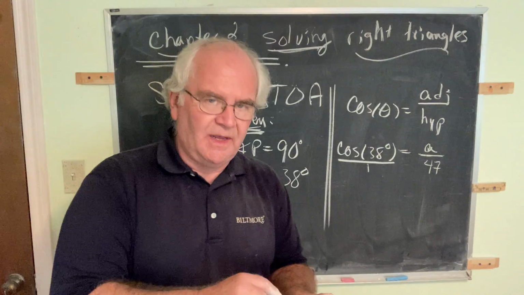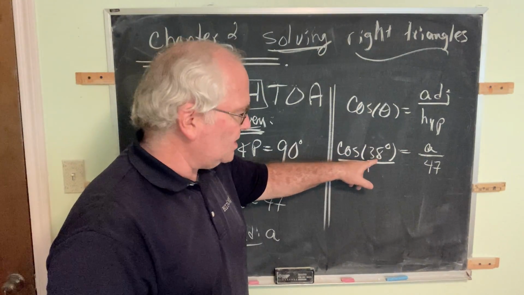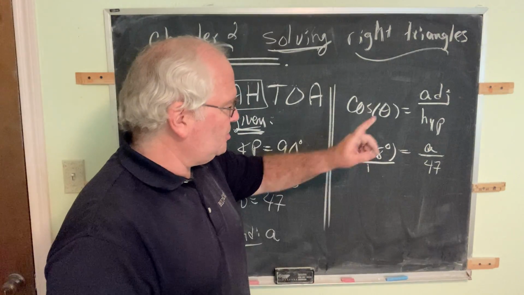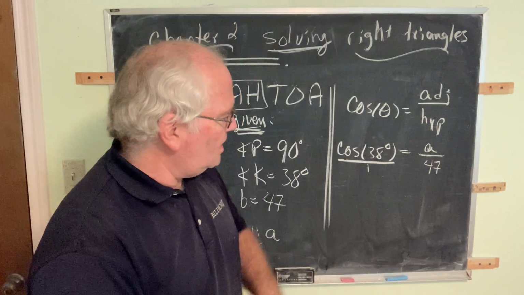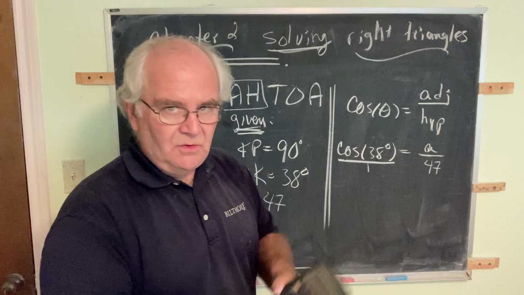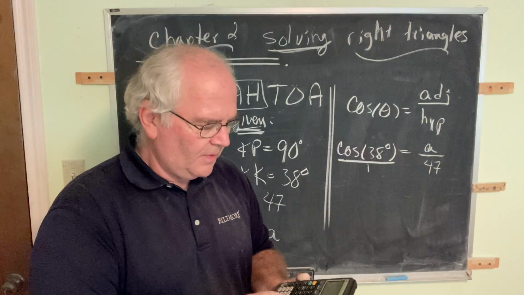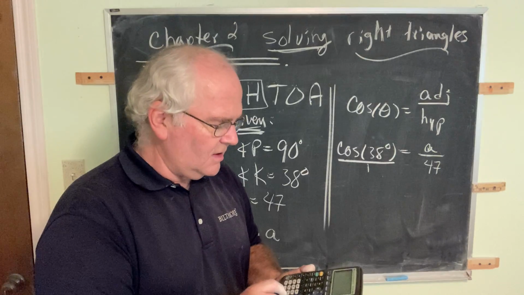Some calculators, you must hit cosine first and then 38. Some calculators, you hit 38 first and then hit cosine. If you're using your phone, you need to hit 38 first and then hit cosine. If you're using a calculator like this, you hit cosine first and then 38.